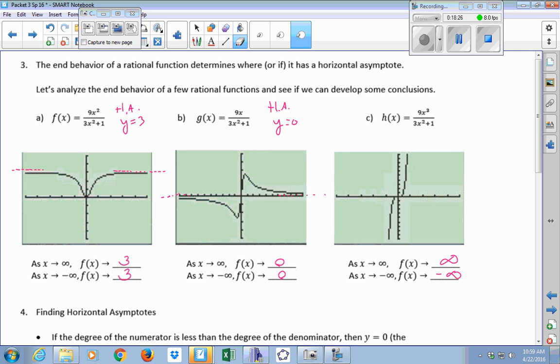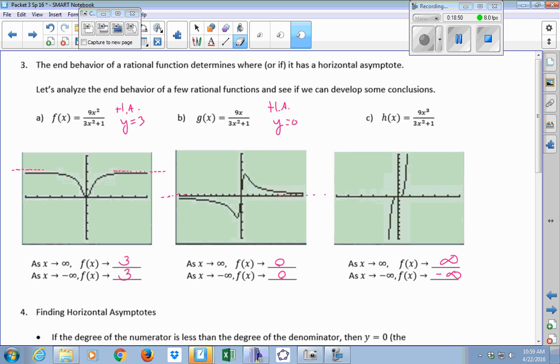So think about this for one little minute. I could put it into a calculator, but just think about it for a minute. What are we trying to capture? We're trying to capture if this function approaches a single number when x is really, really big or really, really small. So look at this first function.